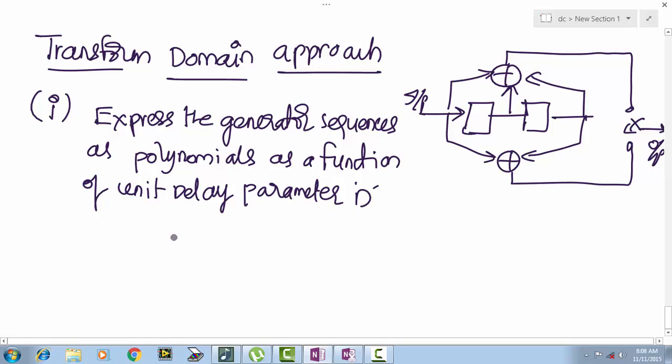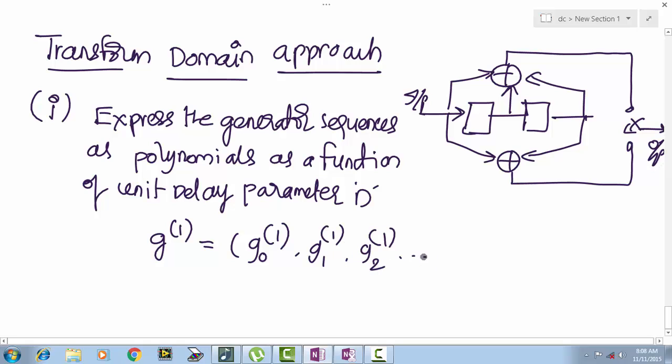Let us say in general the generator sequence for the first output is given by g0 of 1, g1 of 1, g2 of 1, and so on, gm of 1, for a convolution encoder with two outputs.